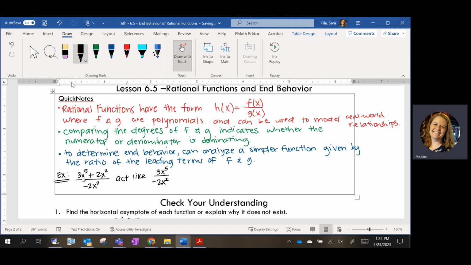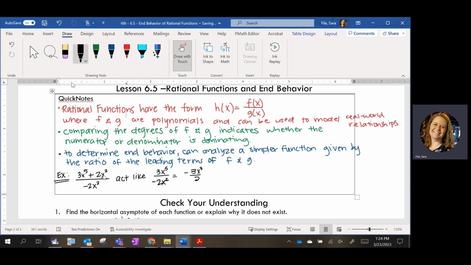Only the highest degree terms, and those leading coefficients, matter. So looking at the degrees, what does x to the 5th over x squared reduce to? Just x cubed. And then the 3 over negative 2 just becomes negative 3 over 2. So it's just an x cubed in the numerator, right? Do y'all agree with that?